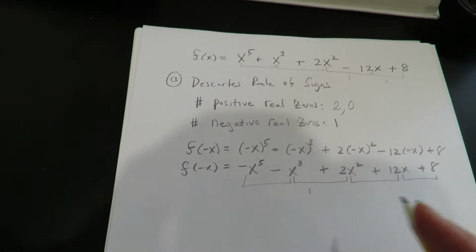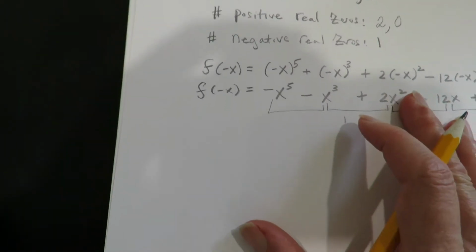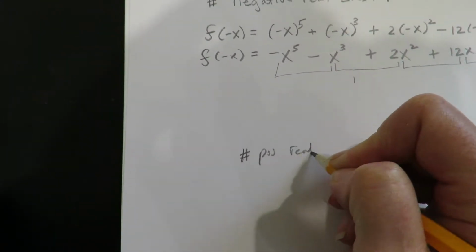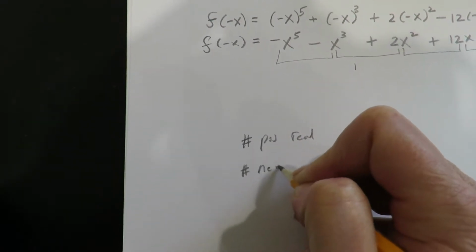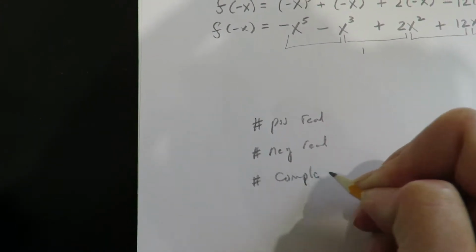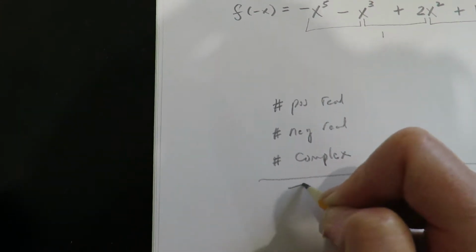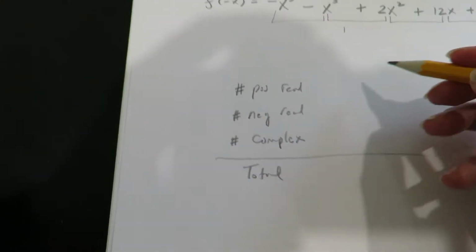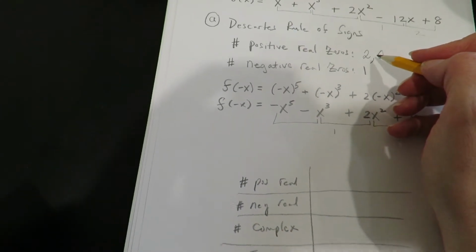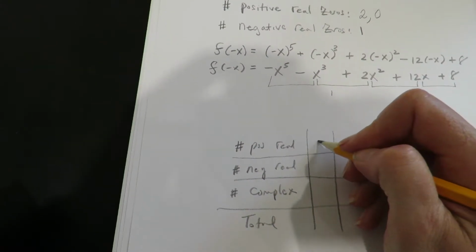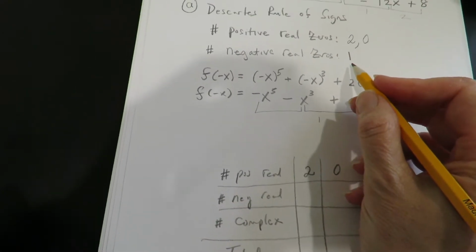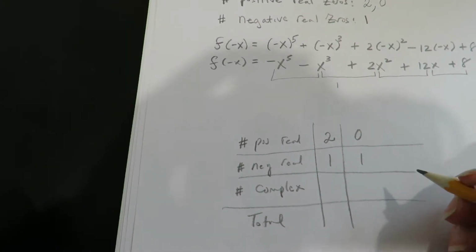All right. Let me make you a little table if you'd like to see the possible scenarios. Okay, so we could have, there's one case where you have 2 or you have 0, and no matter what scenario, you always have 1 negative.